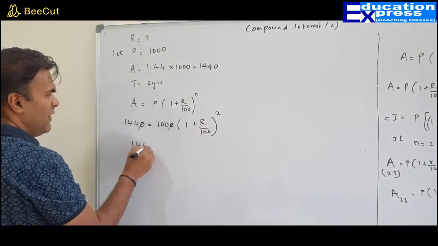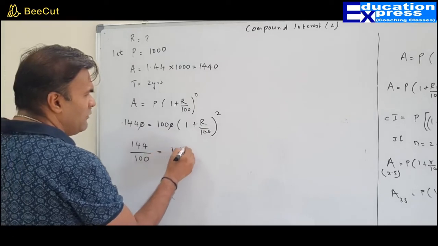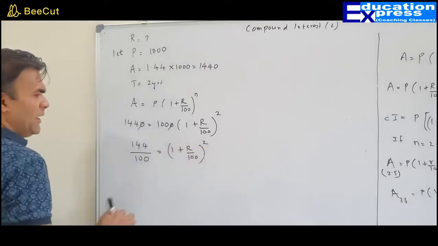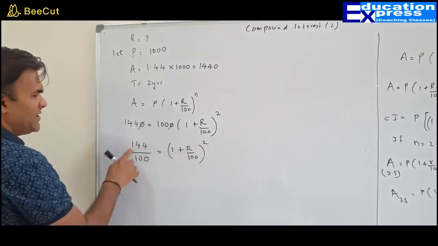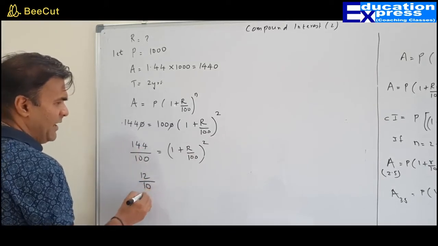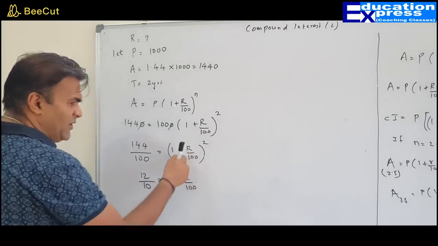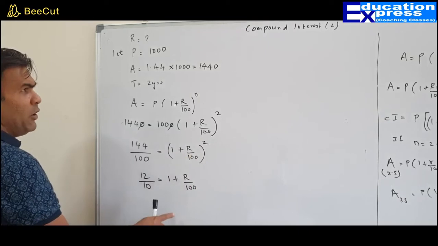What is left is 144 upon 100 equals 1 plus R upon 100 square. Can you take square root on both the sides? Yes, taking square root on both the sides. 144 will become 12, 100 will become 10 equals 1 plus R upon 100. This will go away. So 12 upon 10 equals 1 plus R upon 100.